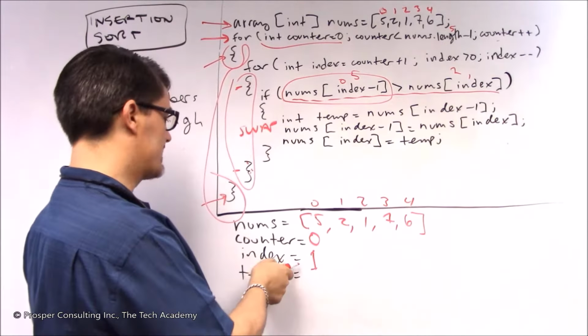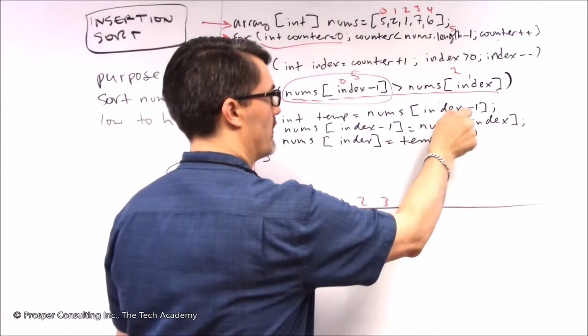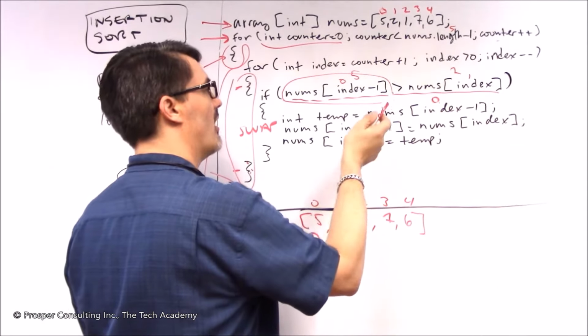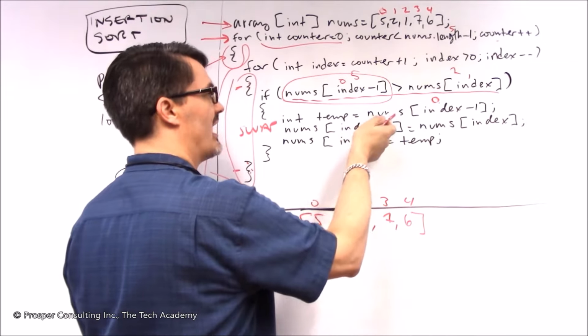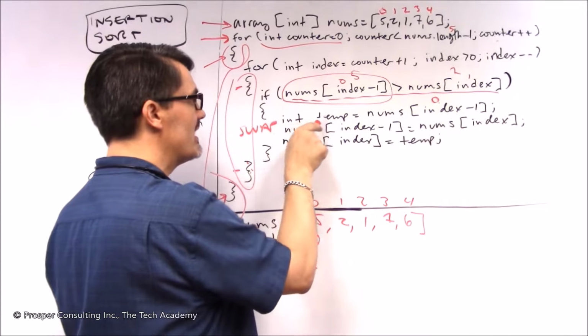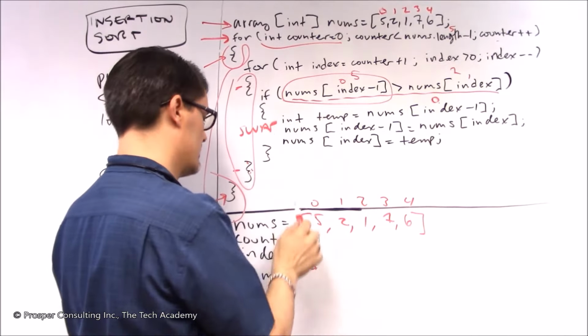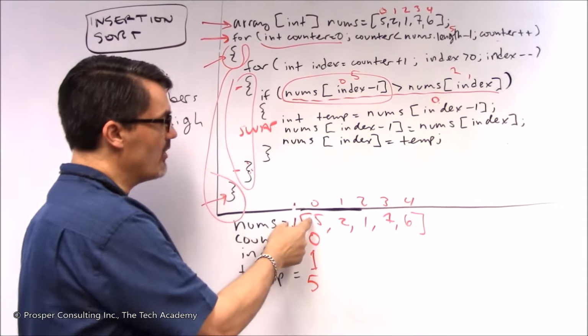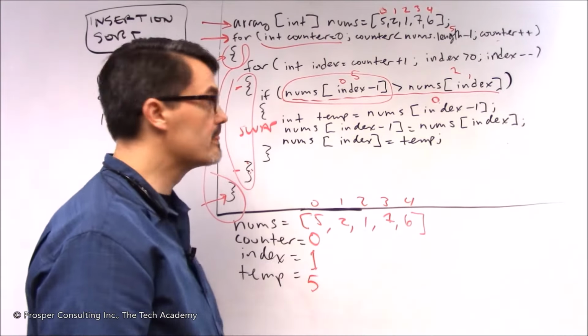Well, index is 1, so 1 minus 1 is 0. What is the value of the element in the array nums at position 0? It's 5. We already know that. So we initialize this integer temp to be equal to 5. It's basically holding that value that's in the very first place.